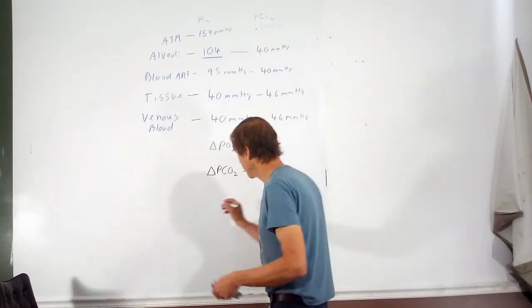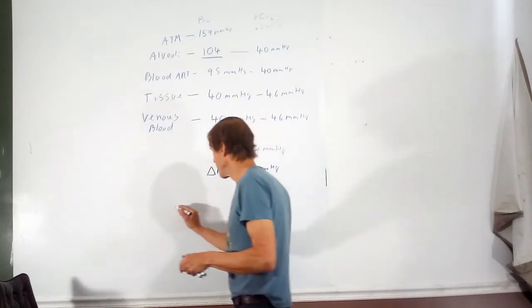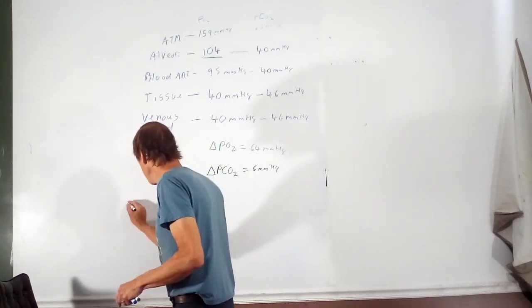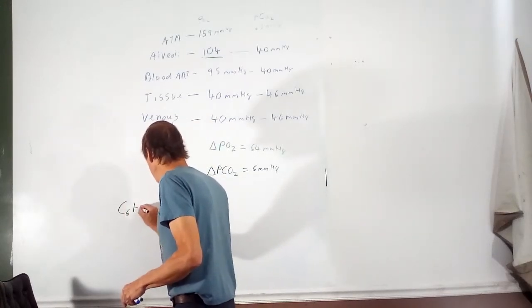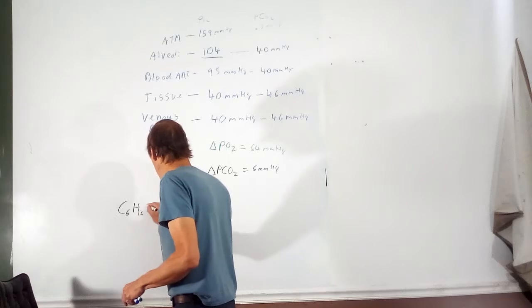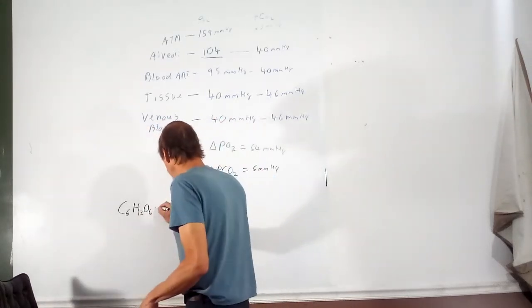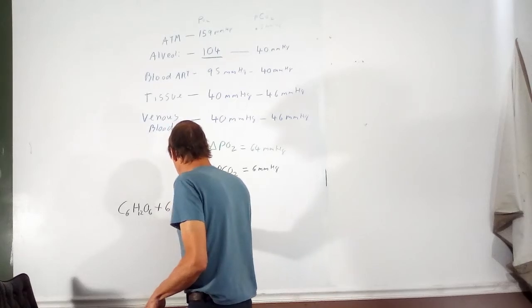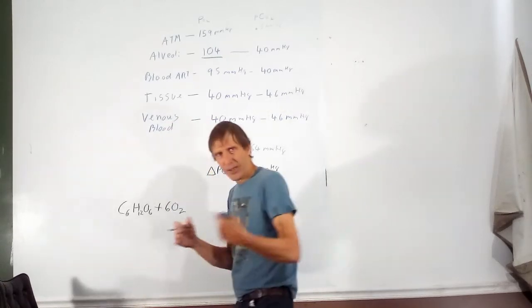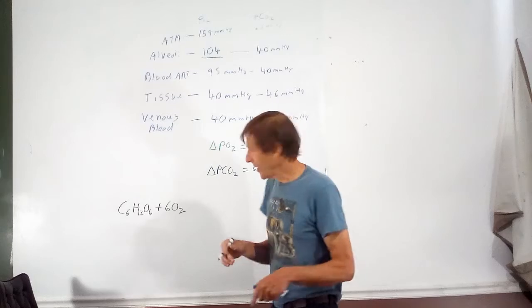Again, I'm going to write down that equation for cell respiration. Let's see, what was that? That was C6H12O6. That's glucose. Plus 6O2. Remember, we need those oxygens in the mitochondria.